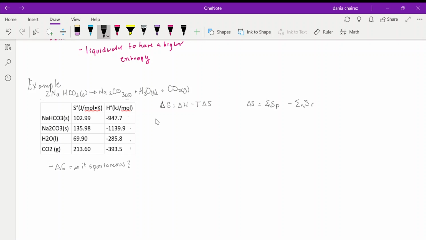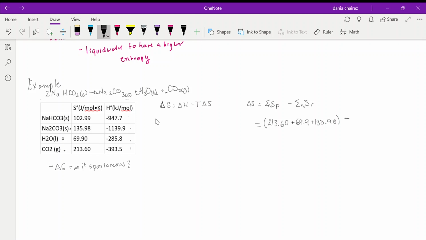So the products in this case are going to be carbon dioxide, water, and sodium carbonate. So we have 213.60 plus 69.9 plus 135.98, and none of these have any coefficients, because they're all just 1.